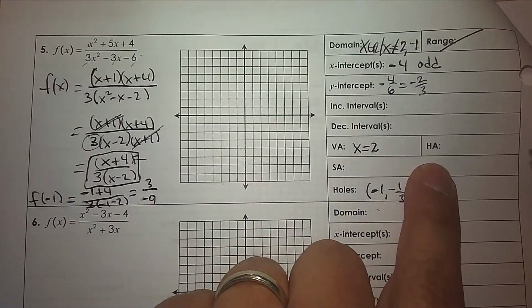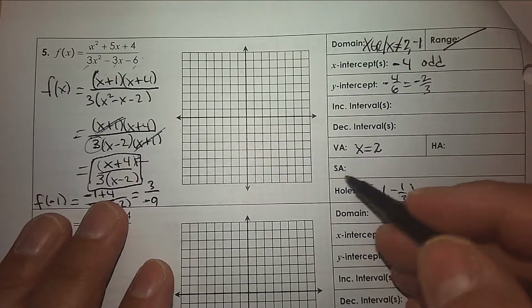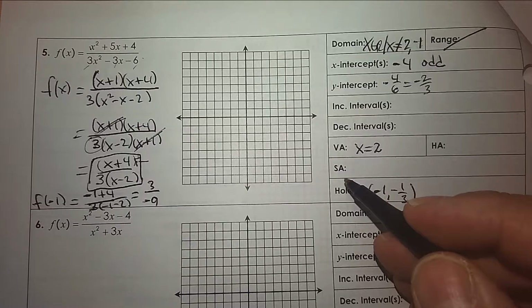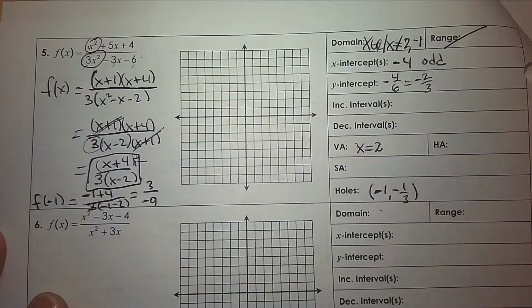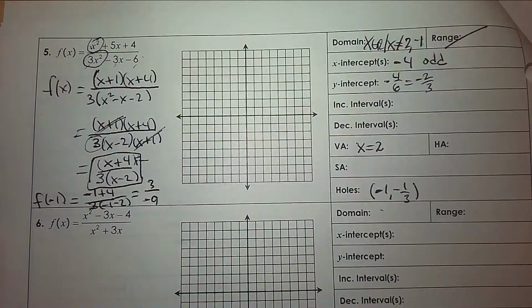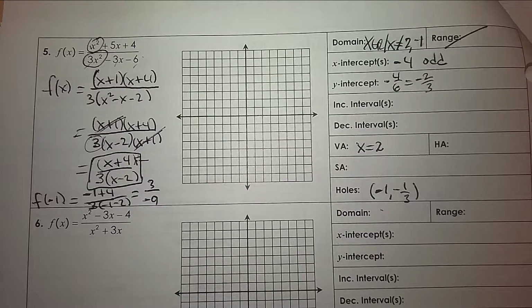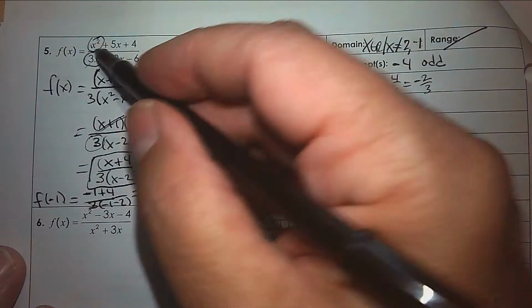Horizontal asymptote, is there one? Or is there a slanted asymptote, an oblique? So what do I look for to understand it? So when I look at power over power, is it more powerful on top? Is it more powerful on the bottom? Or are they the same? And when they're the same, do you see the degrees are the same?